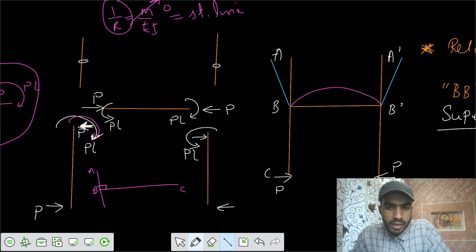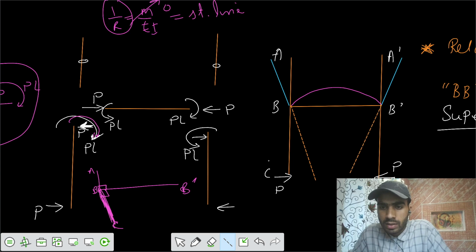After that, let's look at member BC, which was also maintaining 90 degrees initially. It should maintain that 90 degrees.